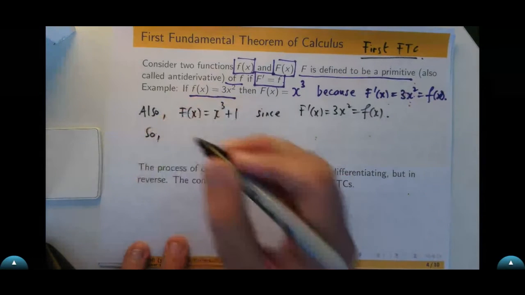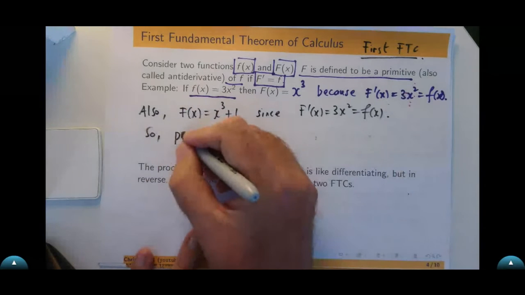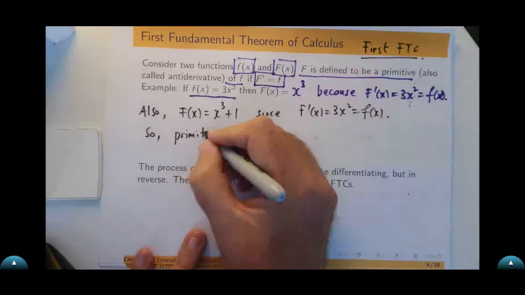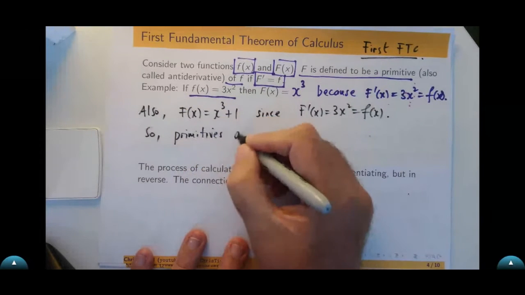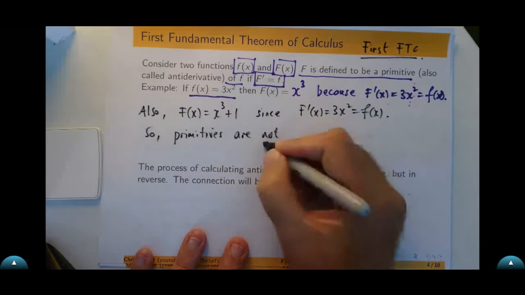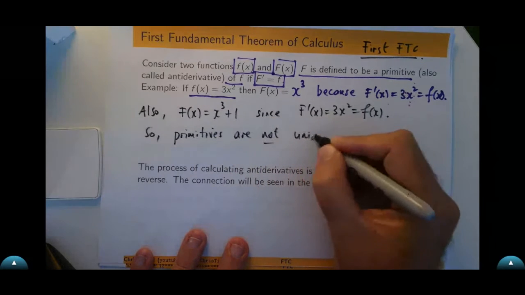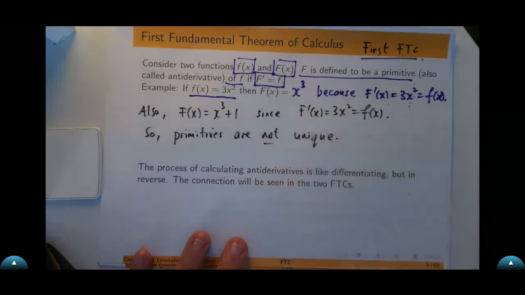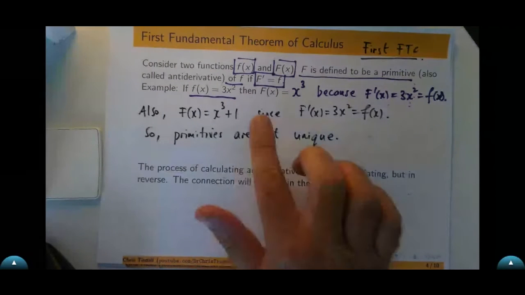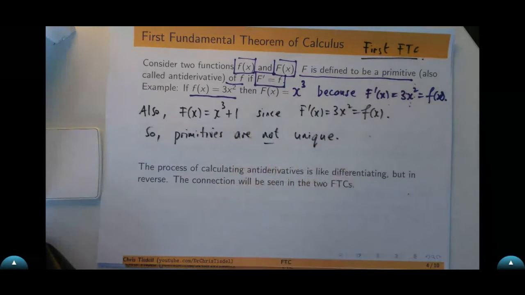So primitives are not unique. There's more than one, and in fact, there's an infinite number, okay? But for our purposes, all we will need is one, okay?